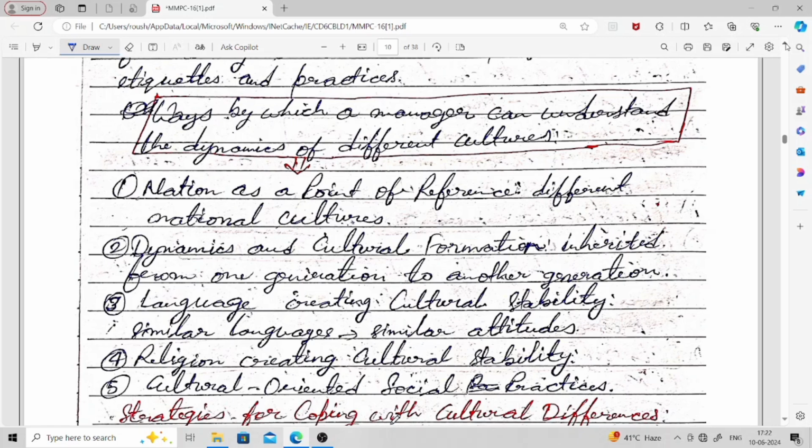The first is nation as a point of reference, meaning different national cultures. If we consider the nation as a point of reference, then different countries have different kinds of culture.